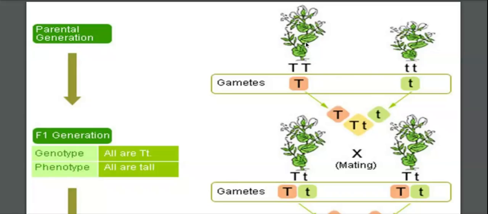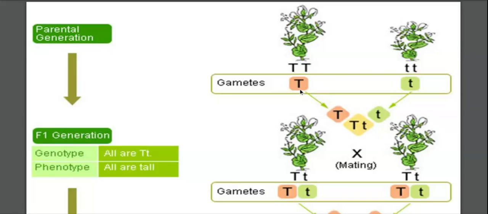Because this plant could produce only one type of gametes, that is bearing capital T. No other possibility is there here because the allele is only capital T. And over here, again only one type of gamete, small t. Okay, so when these two combine, or they fuse, you get capital T, small t.